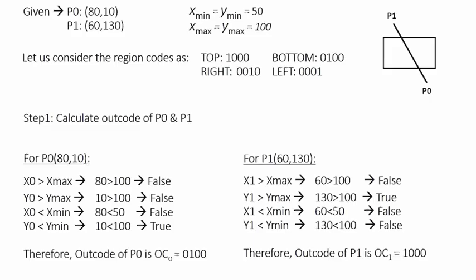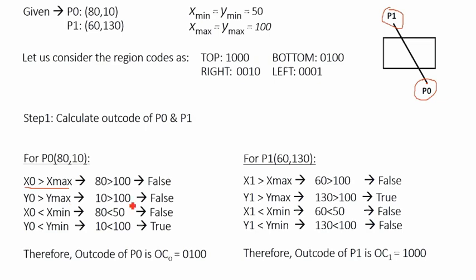We saw an example. This was our P0, this was our P1. We had the region codes divided, right? So to assign the outcode to this, what we do is we take P0's X0 value and see if it is greater than X max. If yes, then we consider it as in bottom. If not, we move forward.